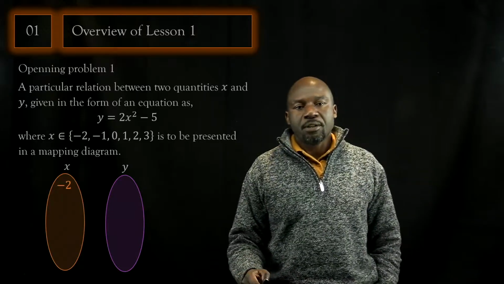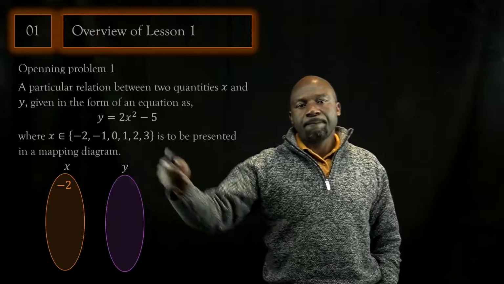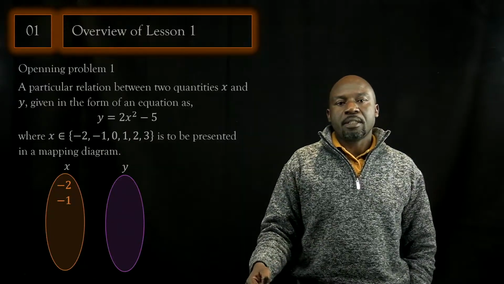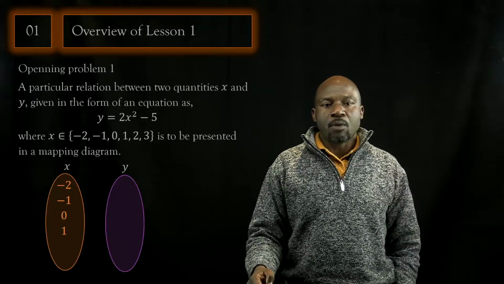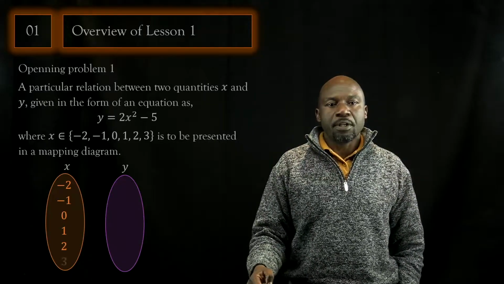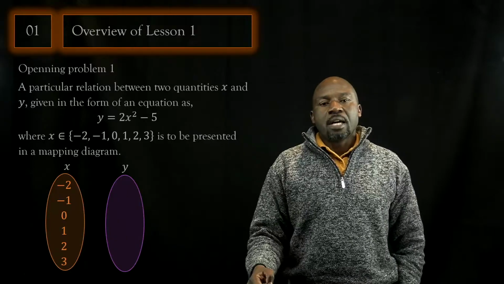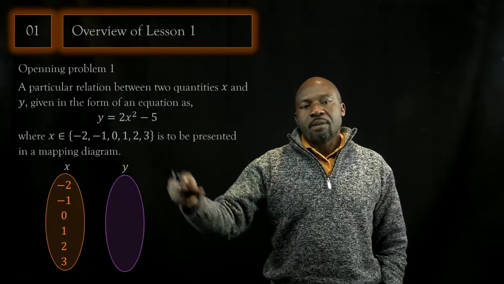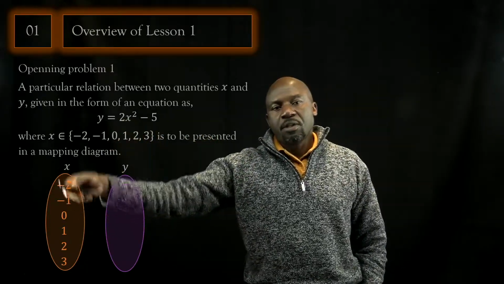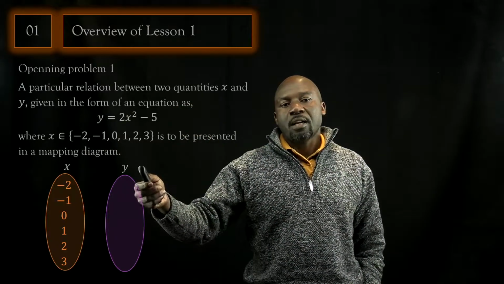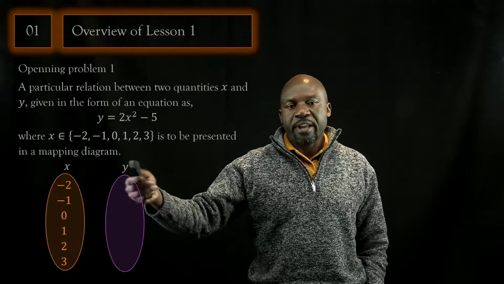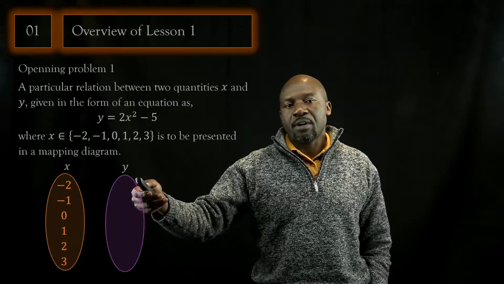We put in the values of the domain, which we have here: -2, -1, 0, 1, 2, and 3. Now we want to know what goes into y. Remember the values of x, the input, determines what the output is, right? So the values of y are the output, or the range, or the dependent variable.